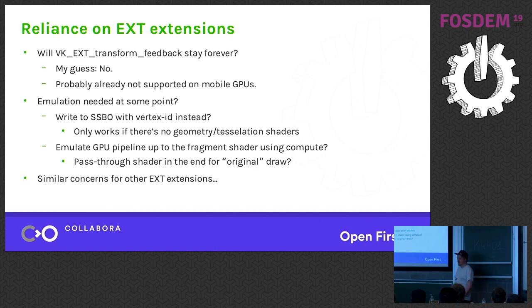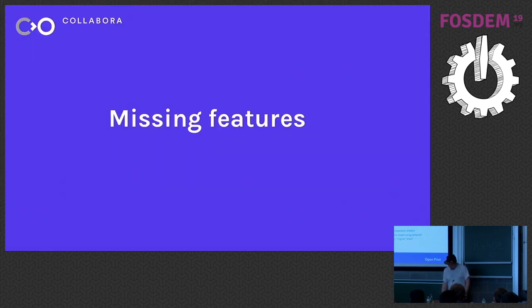Basically re-implement the GPU pipeline in a compute shader. Some people have done this before with CUDA, and it's pretty successful. So it is an option, but maybe it's better to do some more targeted, smaller things for simple features where we maybe don't fully support the spec, but get applications running. We'll see. There are other extensions that have the same problem.